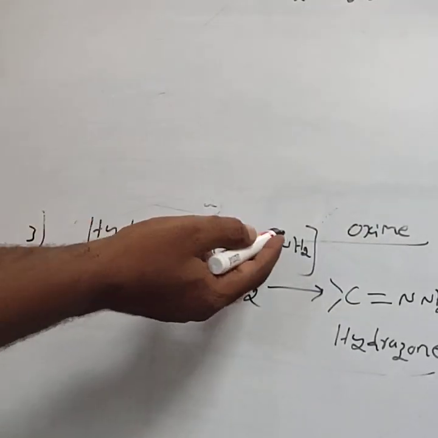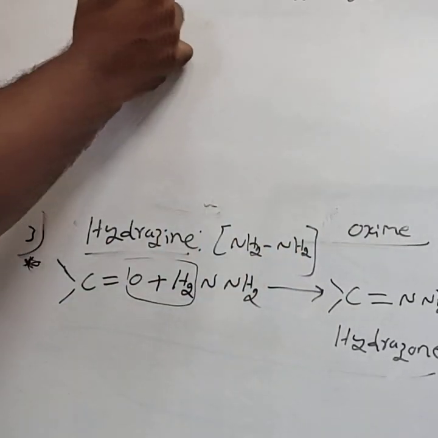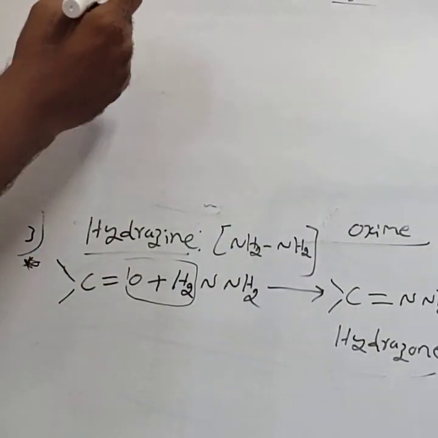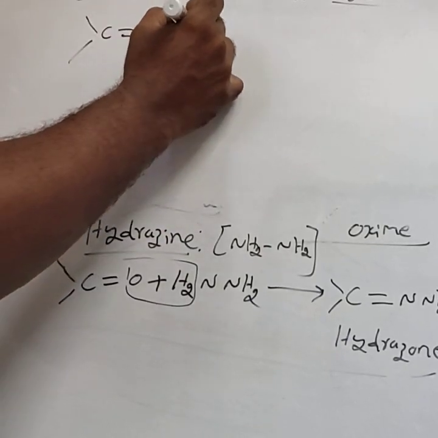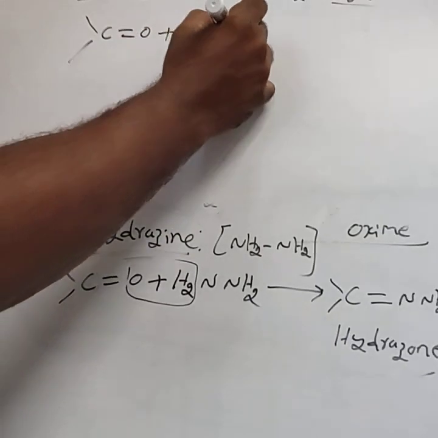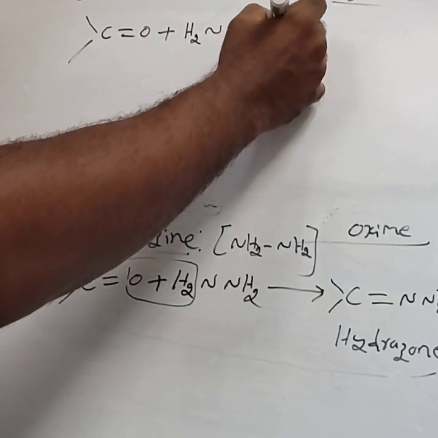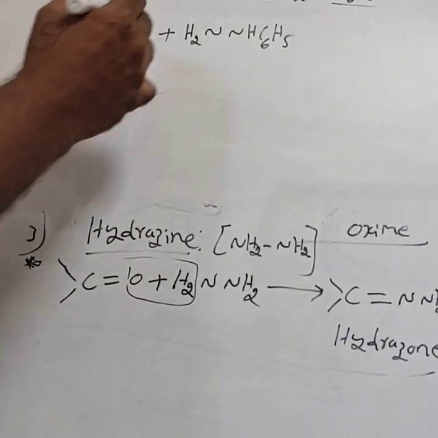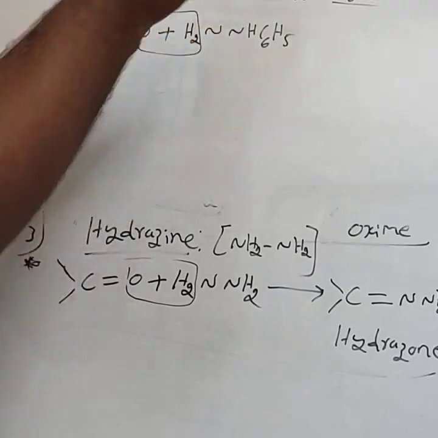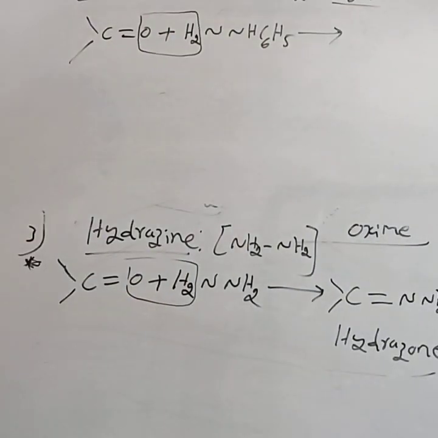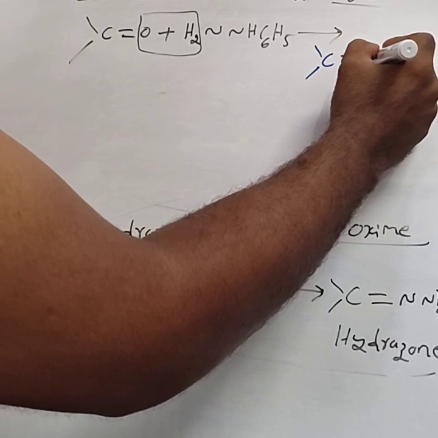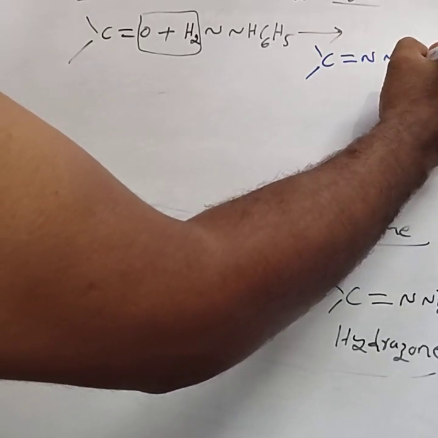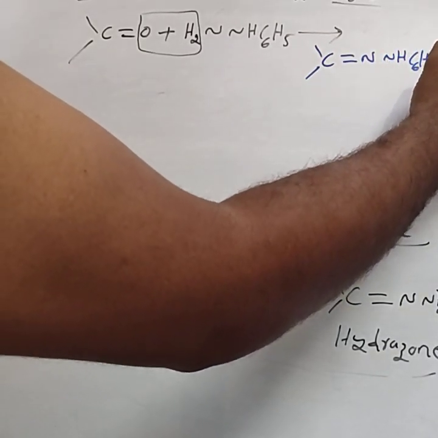Phenyl, one of the H replaced by C6H5. The carbonyl compound reacts with phenylhydrazine, NH2NH C6H5. Removal of water takes place. The product formed is C=N-NH-C6H5 plus H2O.